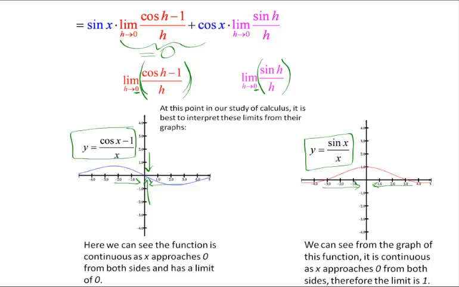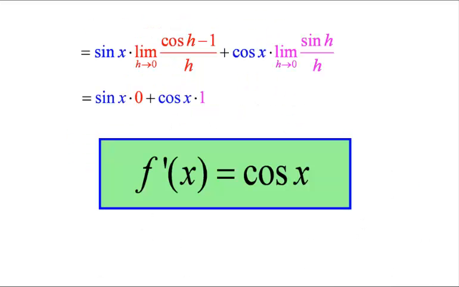As inputs get near 0, outputs on both sides are headed to 1. So that equals 1. So now let's fill in our parentheses with all those pieces. The sine of x times 0 plus the cosine of x times 1. The derivative of the sine of x is the cosine of x.